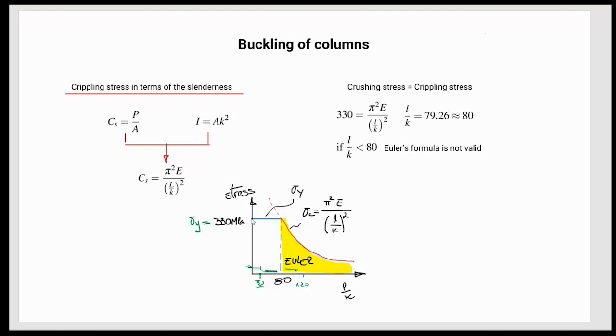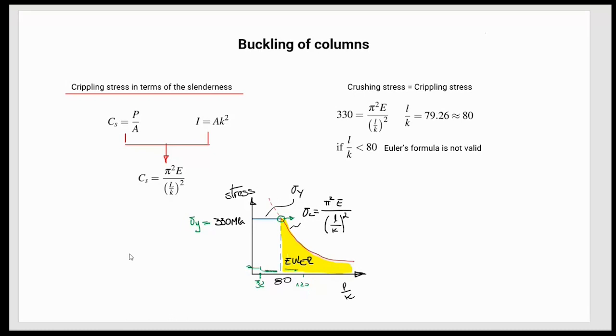and I cross a horizontal line here, when that horizontal line intersects the Euler hyperbola, it's at that point that I'm going to know that Euler starts working. From this point on is where Euler is considered valid.